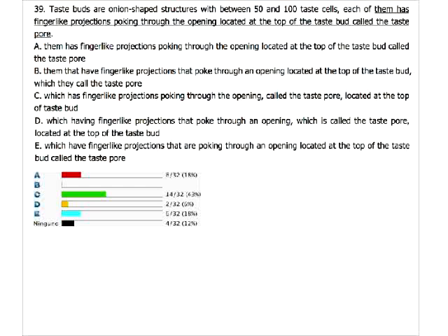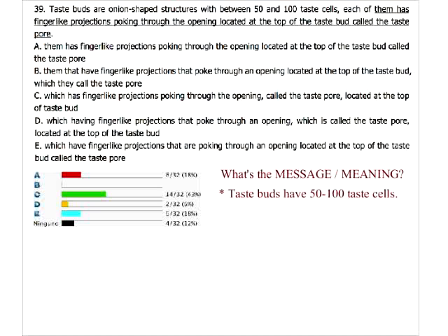The meaning: taste buds have 50 to 100 taste cells. And then each taste cell has these projections. And the projections poke through an opening at the top of the taste bud.